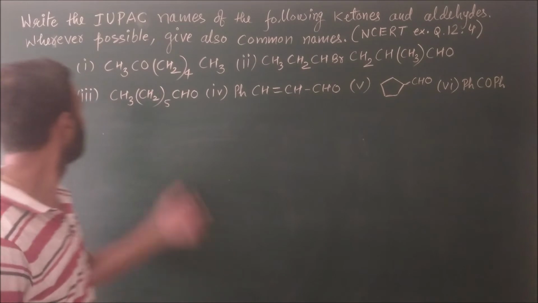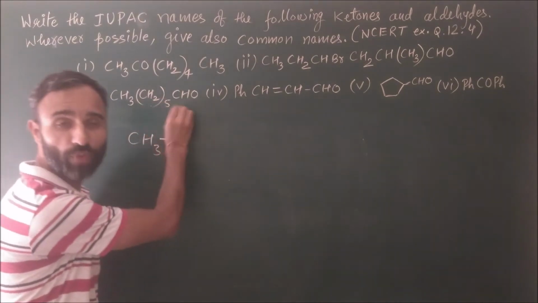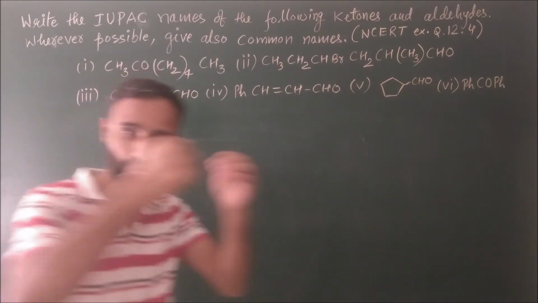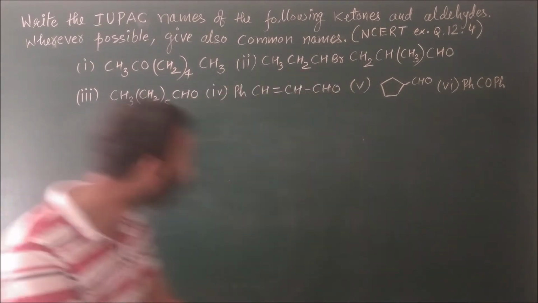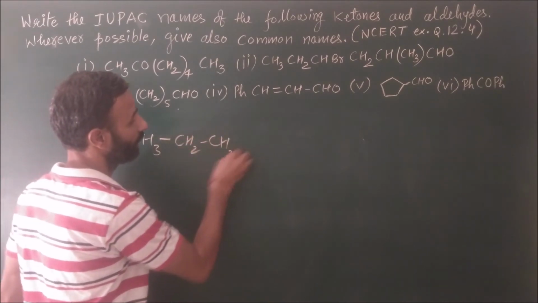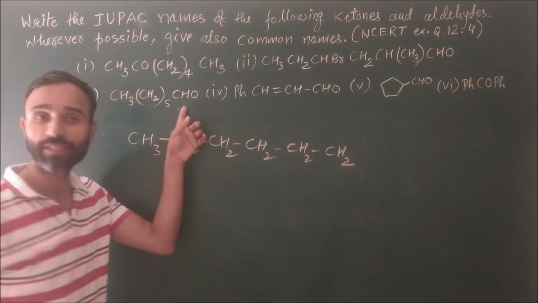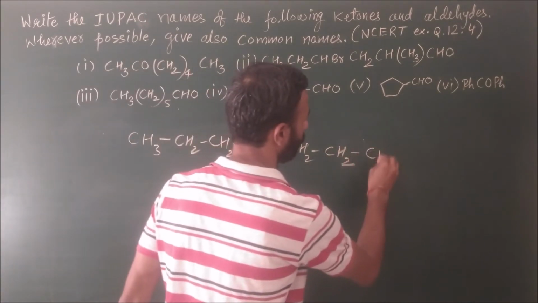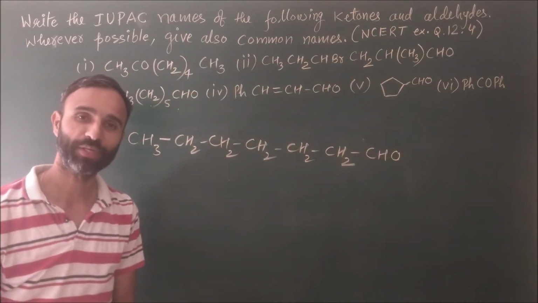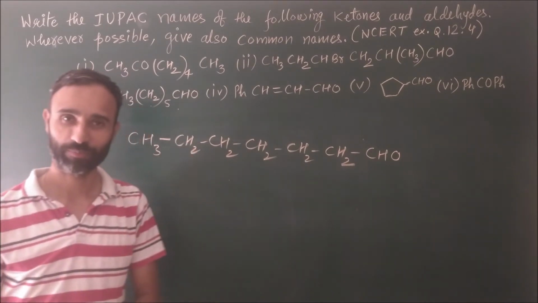Third one, CH3, then CH2, CH2, CH2, CH2. Now we have 5 CH2, so we will write them like this, and then CHO. So tell me, what is the name of this particular compound?